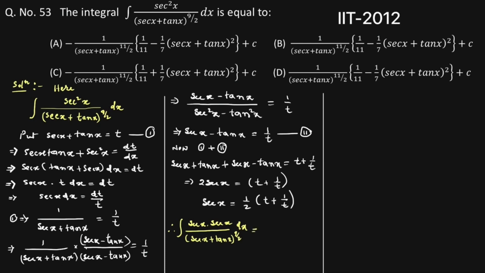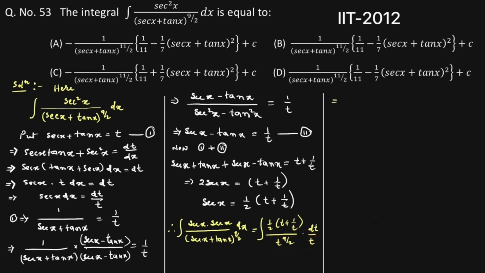Then this is equal to integration of 1 by 2 into t plus 1 by t divided by t to the power 9 by 2, dt by t. Now t to the power 9 by 2 into t we are able to write as t to the power 11 by 2.